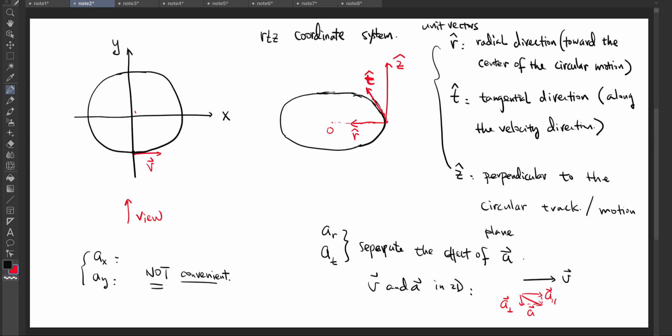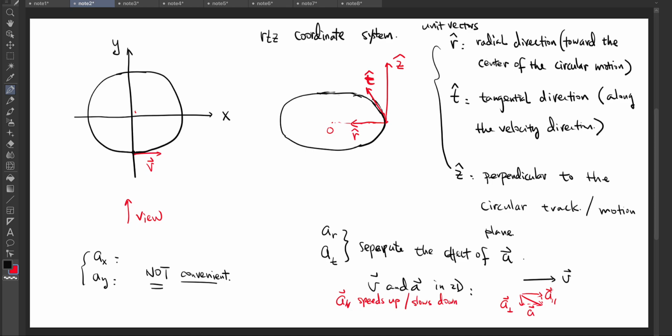We want to separate them, and then the effect of A parallel is to either speed up or slow down an object, right?